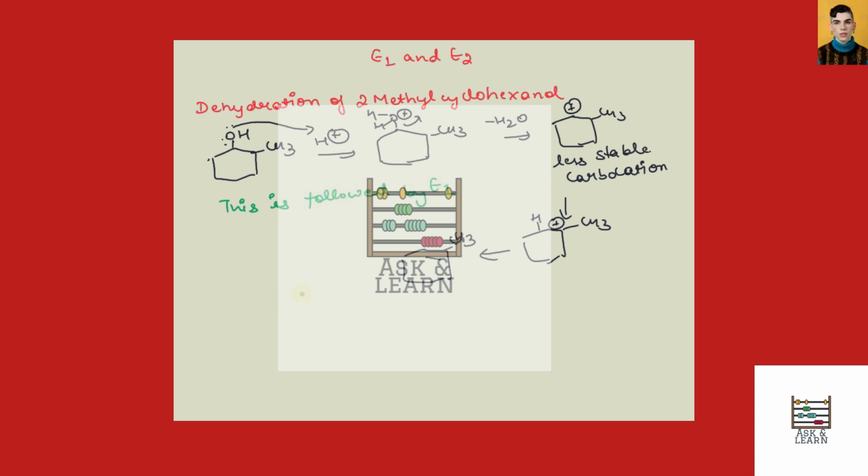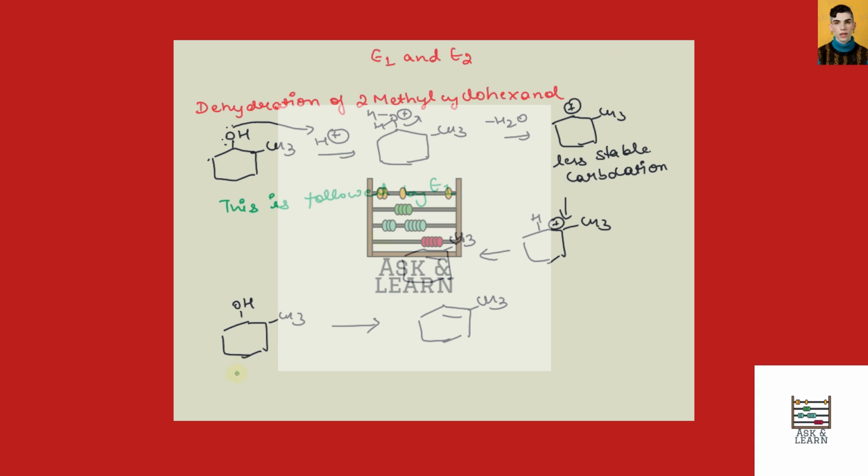Now if we talk about the E2 here, in the case of E2, the base will abstract the beta hydrogen from the adjacent carbon, and it will also lead to form this product.